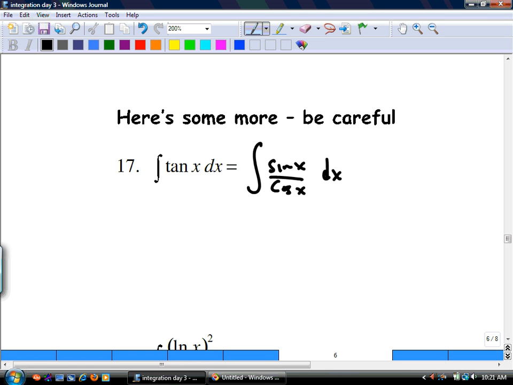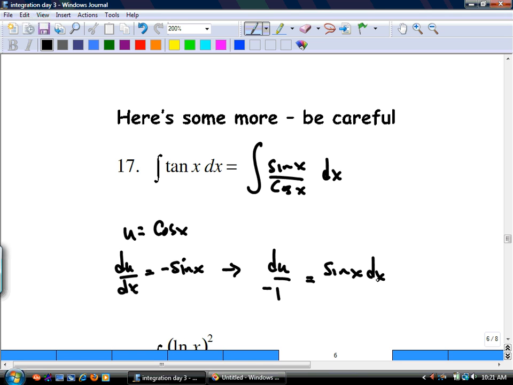Well done. If it doesn't look like any of your patterns, you have to break it up and do something else. What are you going to let u equal? So du over dx equals negative sine x. I don't see a negative, so take the negative with the du, put the dx with the sine. So the antiderivative becomes, this comes out, that comes in.